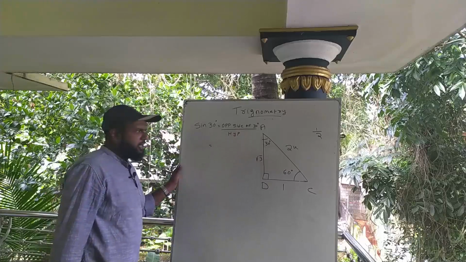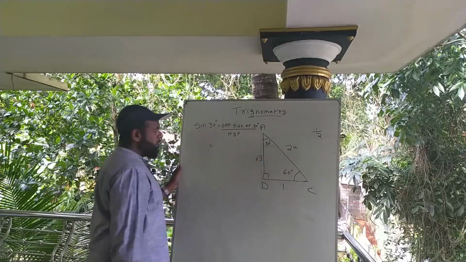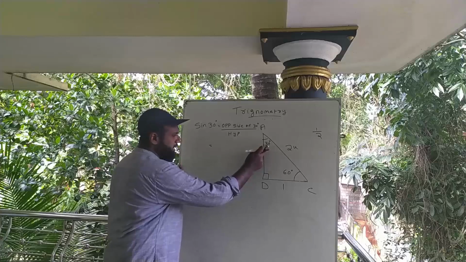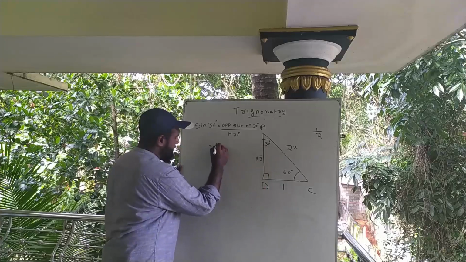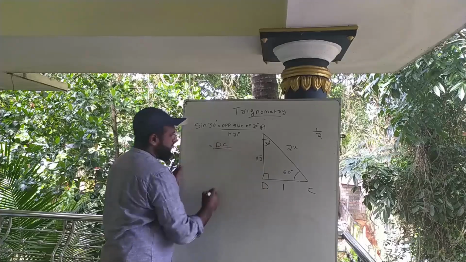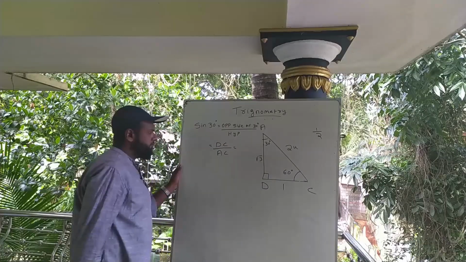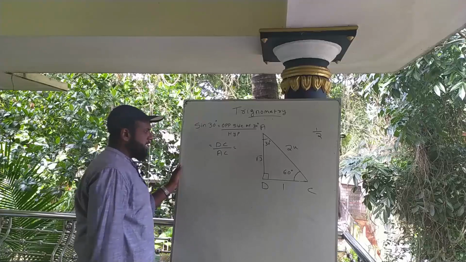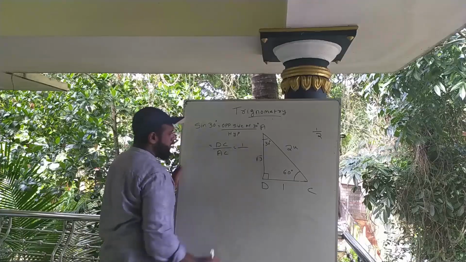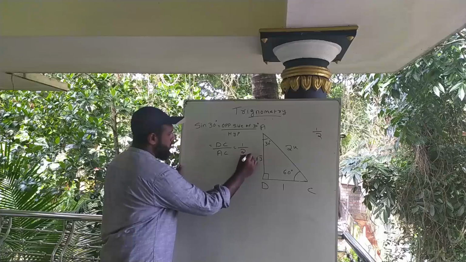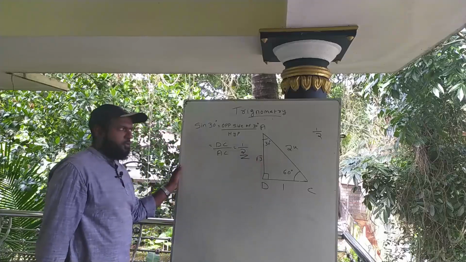Where is 30 degree? Here is 30 degree. What is the opposite side of 30 degree? That is DC. DC by hypotenuse is AC equal to, what is DC? 1. What is hypotenuse? 2. So sin 30 equal to 1 by 2.